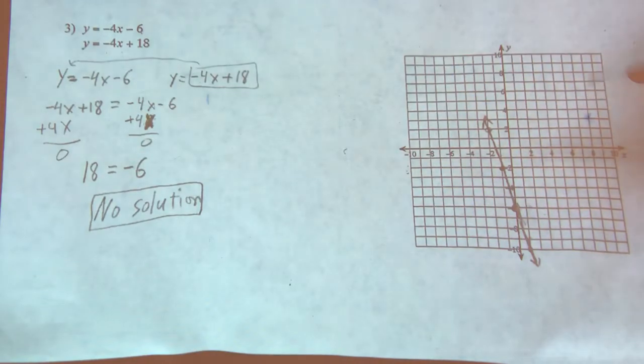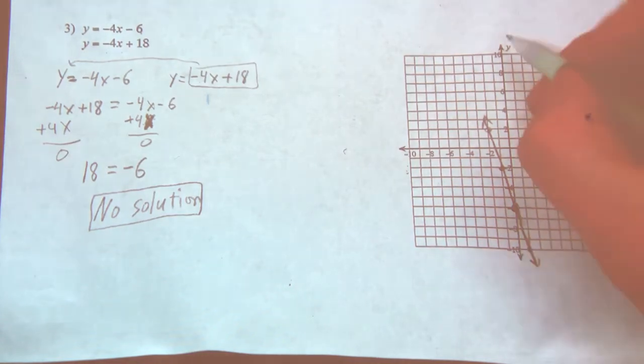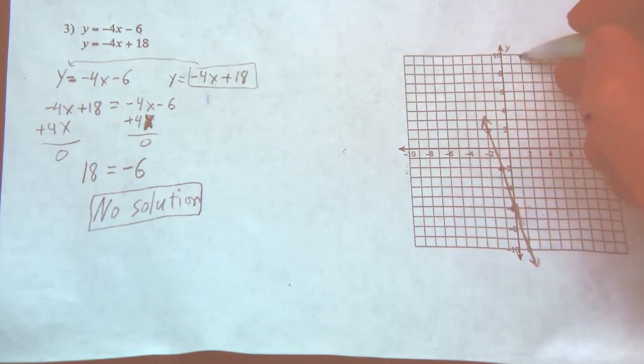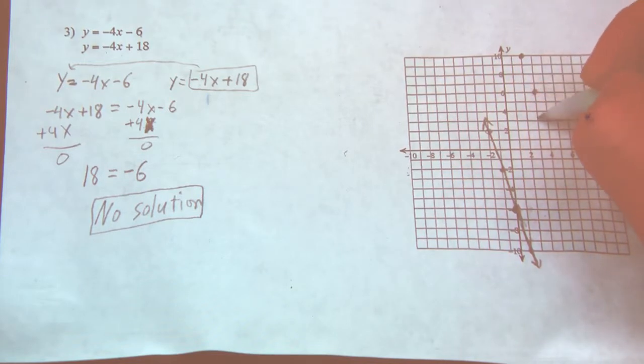And then when we graph that other equation, we're up here at 18, which is off my graph. So let's say if we were at 18 and we went down 4, 14, down 4 again to 10, we would have gone over 2. So that's going to be coming through here and down 4, right 1, down 4, right 1.